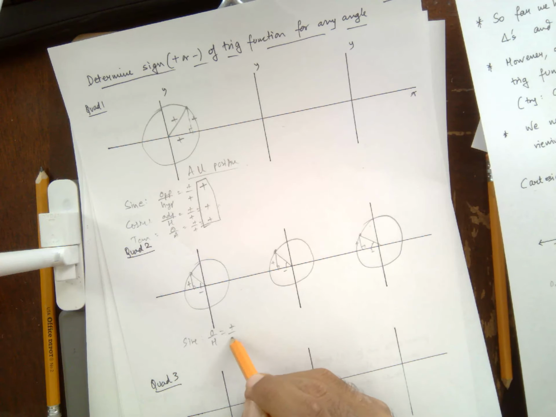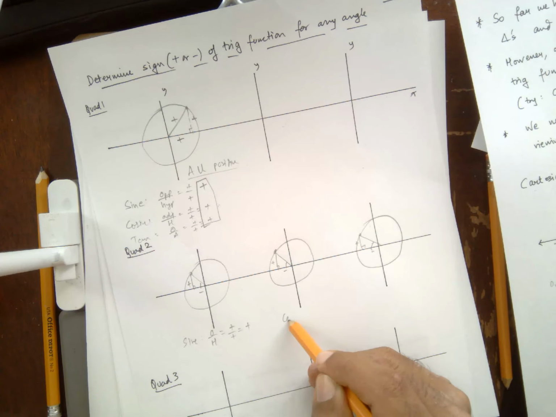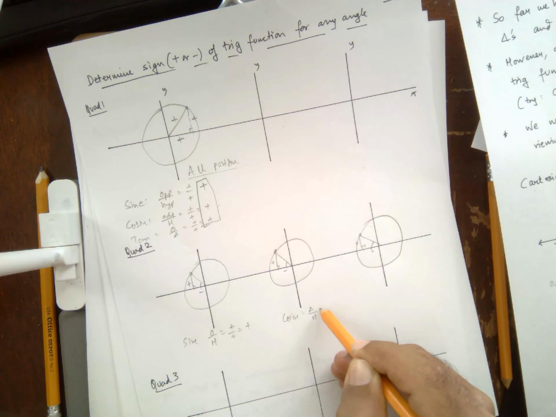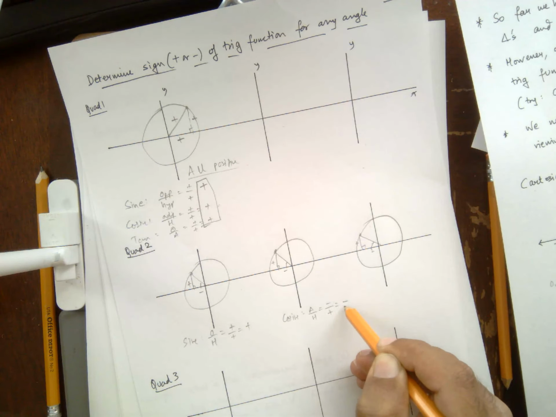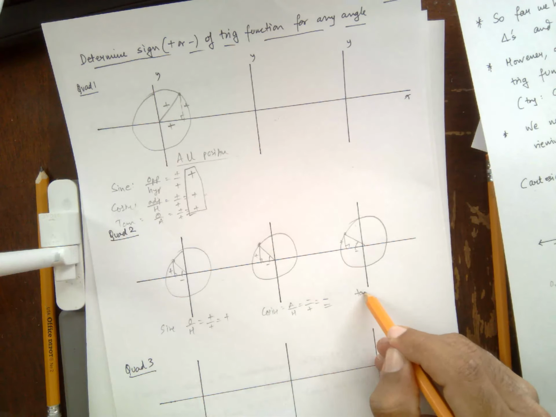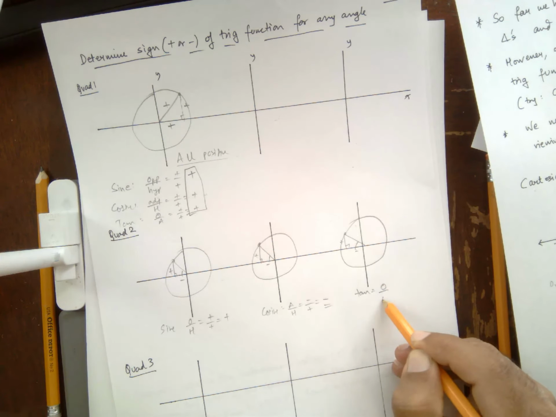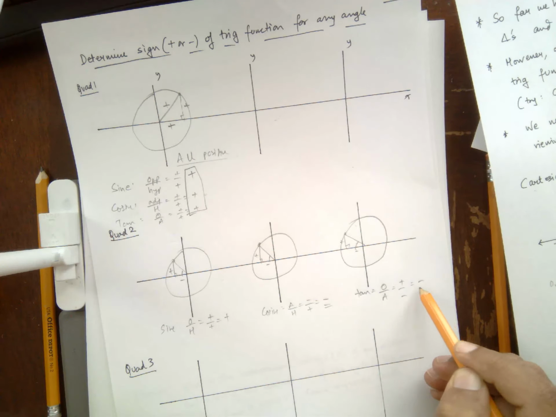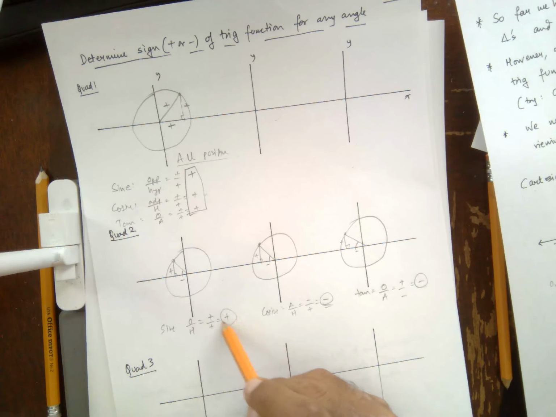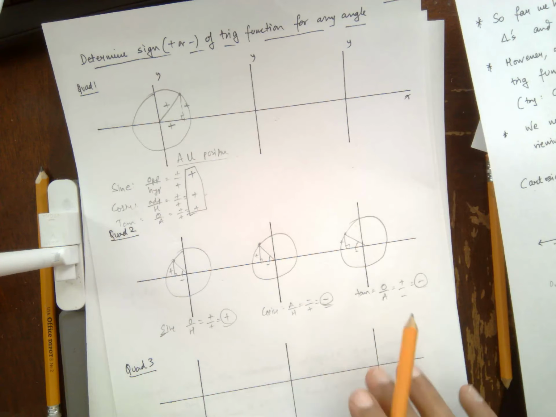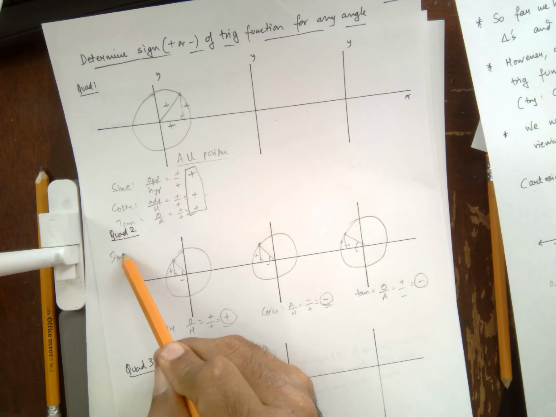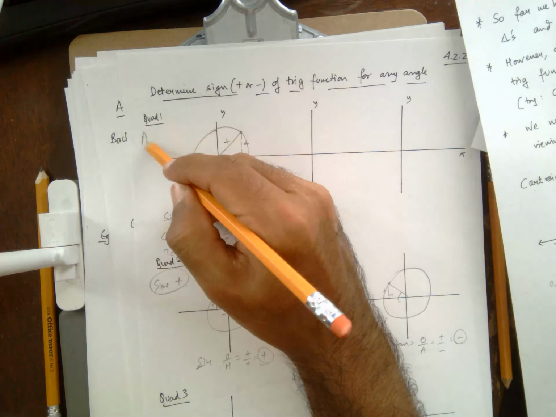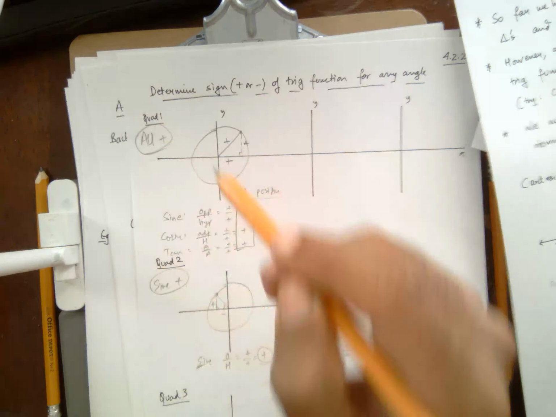Positive over positive, positive. Cosine, adjacent over hypotenuse, negative over positive is negative. And tangent is opposite over adjacent, which is positive over negative, which is also negative. So in the second quadrant, sine is positive. First quadrant, we can say all positive.